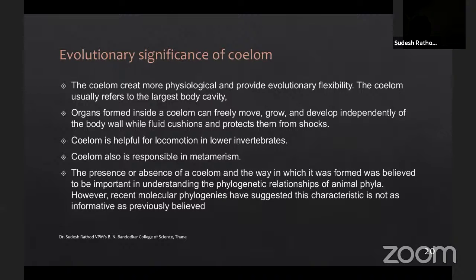The presence or absence of coelom and the way in which it was formed was believed to be important in understanding the phylogenetic relationship of animal phyla. However, recent molecular phylogenies have suggested these characteristics are not as informative as previously believed.